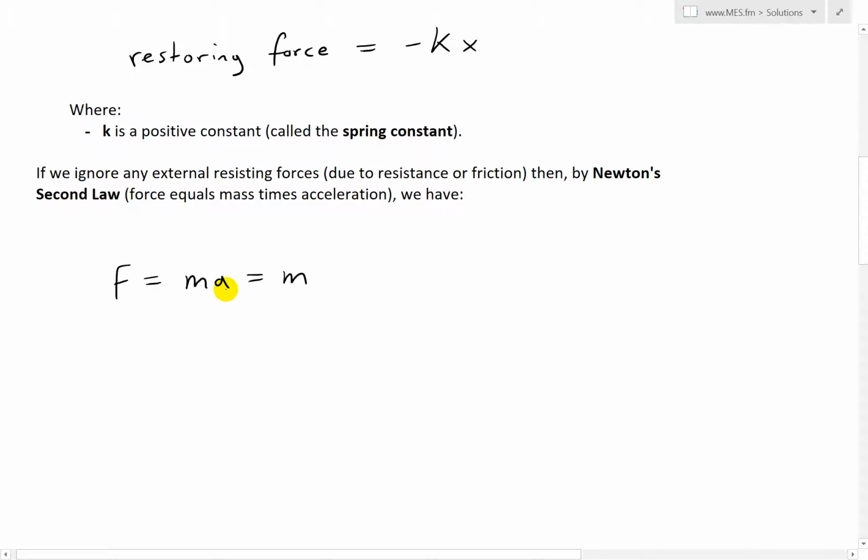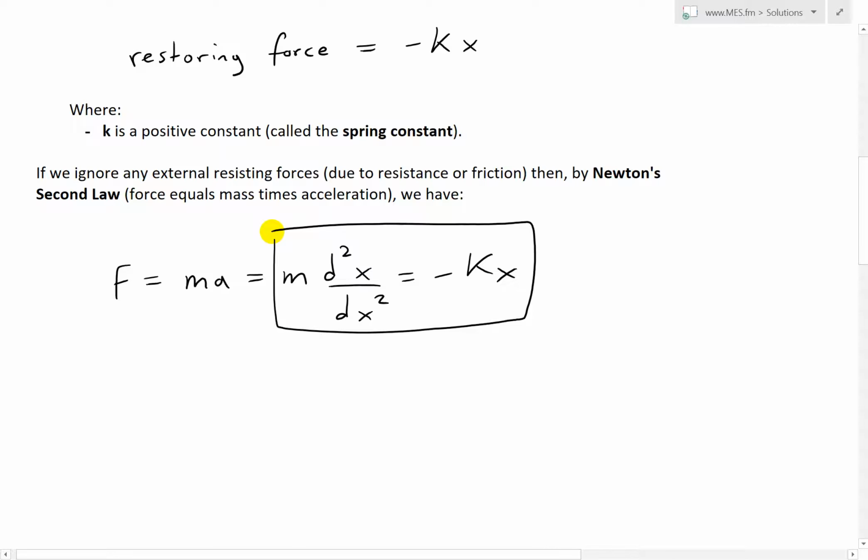Remember, acceleration is the derivative of the velocity, and velocity is the derivative of the position. So this equals m d squared x over dt squared, the second derivative of x. And again, this is just a notation for the derivative and the second derivative of x. And this equals our negative kx. So what we end up having is a differential equation.